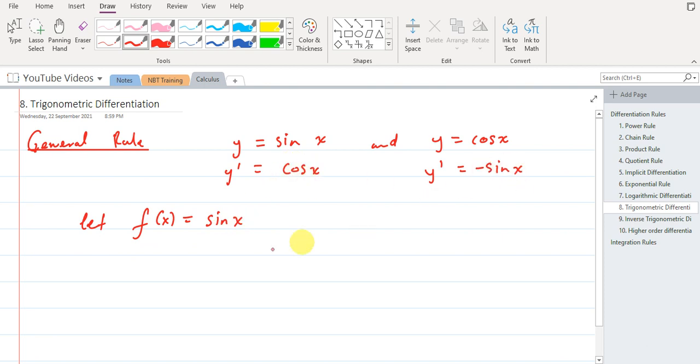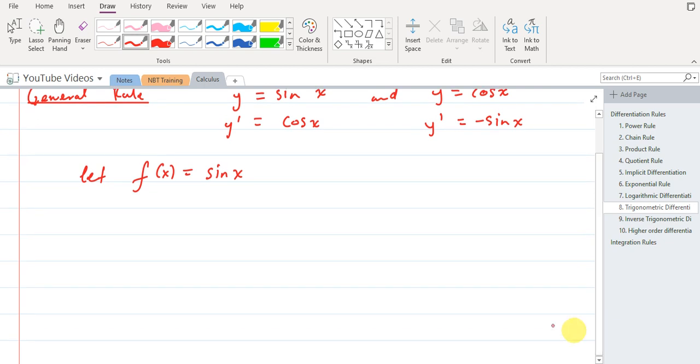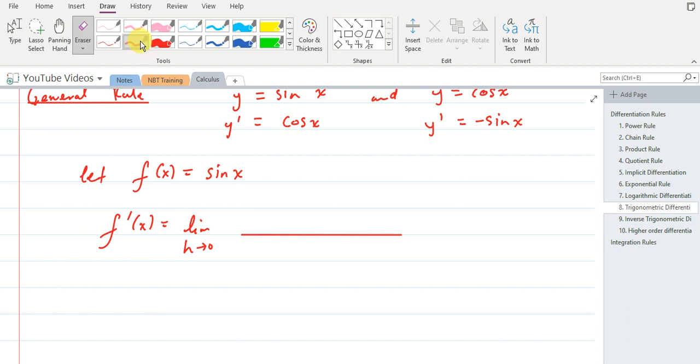These results come from first principles and using limits, so you need to know those things. First principles: f prime of x is equal to the limit as h approaches 0 of 1 over h times f of x plus h minus f of x.